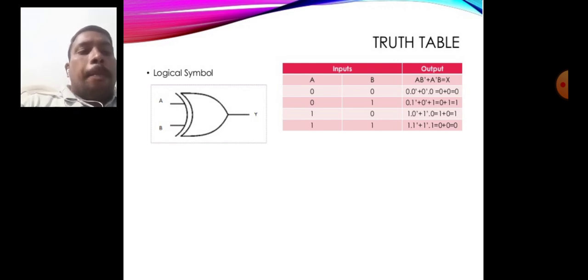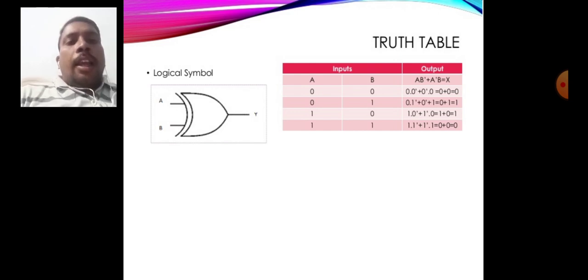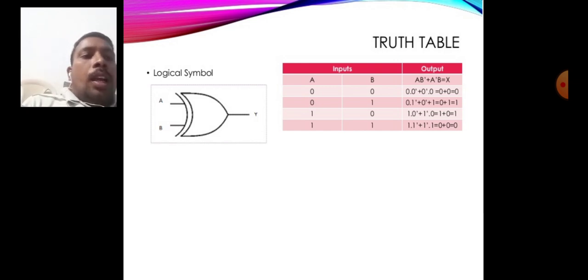The inputs are A and B. In the four situations, the outputs will be 0 or 1. The first one is, if the two inputs are low, that is 0 and 0.